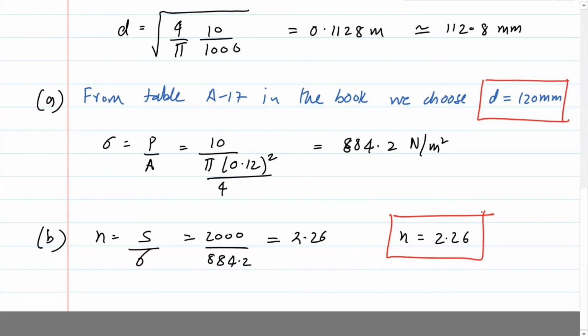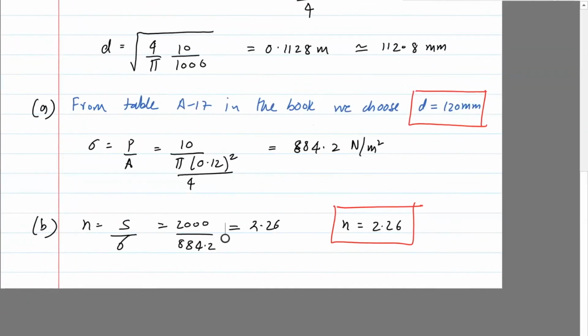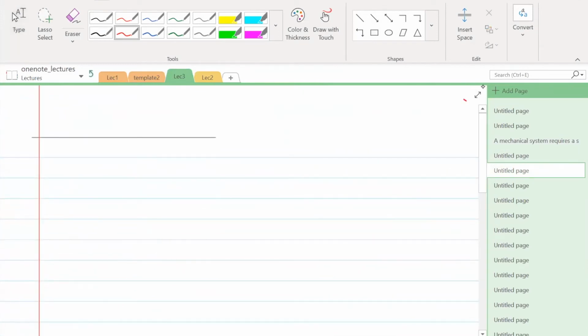Any questions? Yeah, questions. Do you always choose to go by the larger side? Yeah, because, let's say that you chose, let's do this aside, okay? I think it's best for me to actually do this. So what if we chose d equals 100?